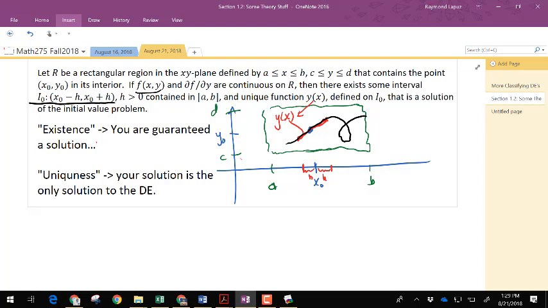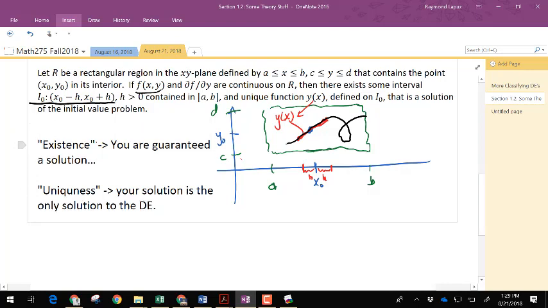Okay, so existence and uniqueness basically says that it exists and it's unique. So you can find a solution. Well, you might not be able to find it so easily, but there is one solution that exists. And I think most of the problems that you guys will run into for this section would be asking you to identify the interval where your solution would exist.